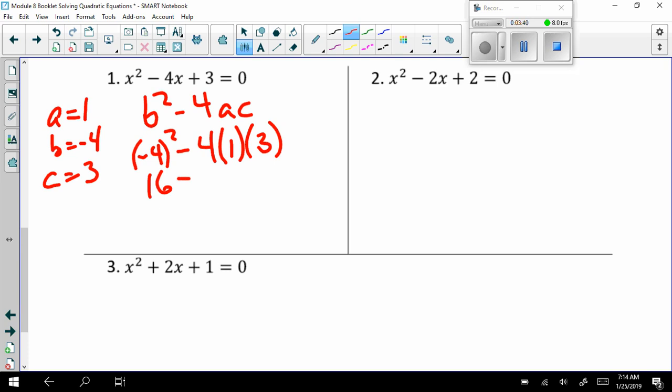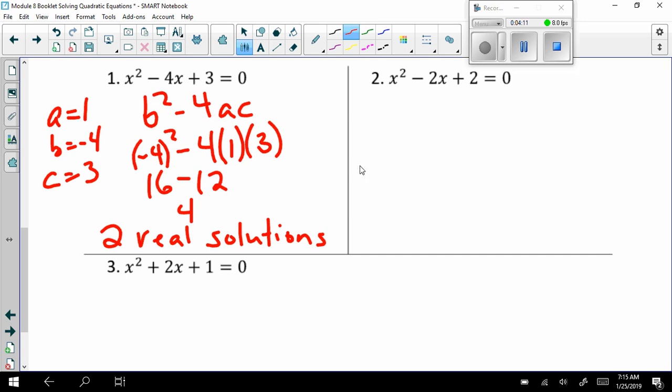And then I'm going to multiply. 4 times 1 is 4, times 3 is 12. 16 minus 12 is 4. That is positive, so I have two real solutions. That's all I'm doing right here. I'm not actually solving. We're going to solve later. Right now I'm just determining how many solutions I have.